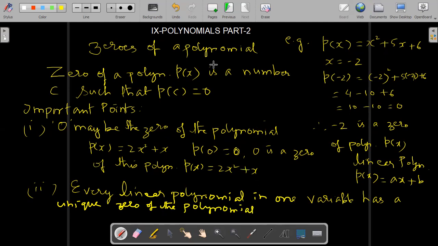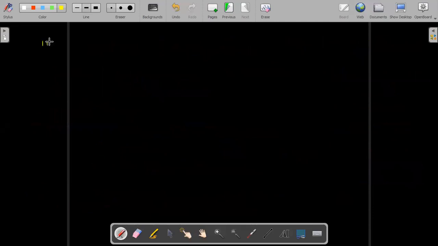Next, the third point that you have to remember: a non-zero constant polynomial has no zero, which we have already seen. A non-zero constant polynomial means any number, like 2, 3, 4.